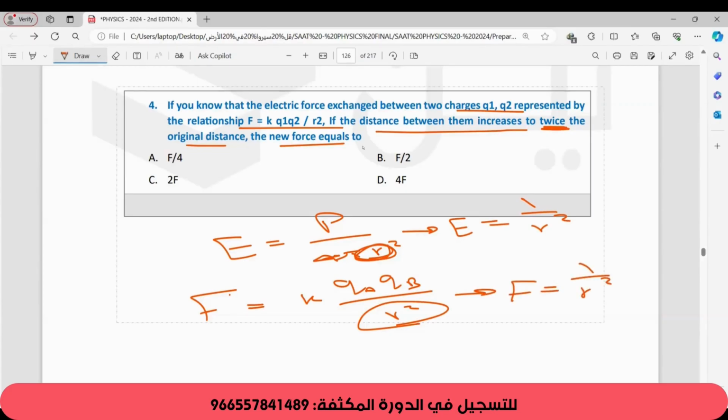If we double it, it will be 4. The force will be reduced by 4. If we double the distance, meaning multiply by 2, the force will decrease by 4 times. So it will be A. Okay, clear, guys?